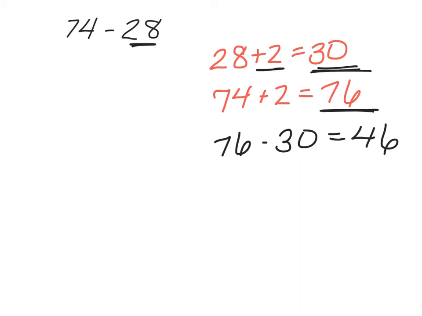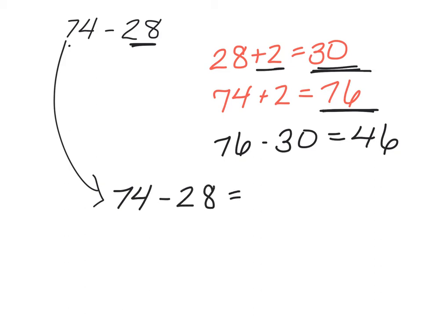So in other words, 74 minus 28 gives us 46. So, just to review, we subtracted 74 minus 28 by using friendly numbers.